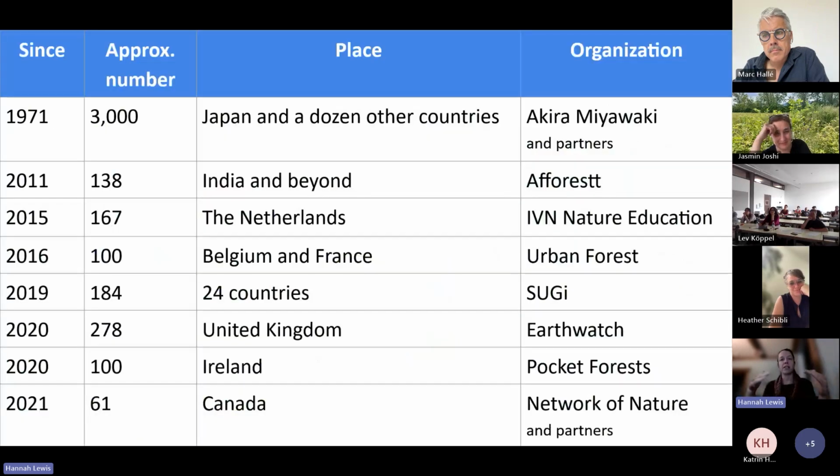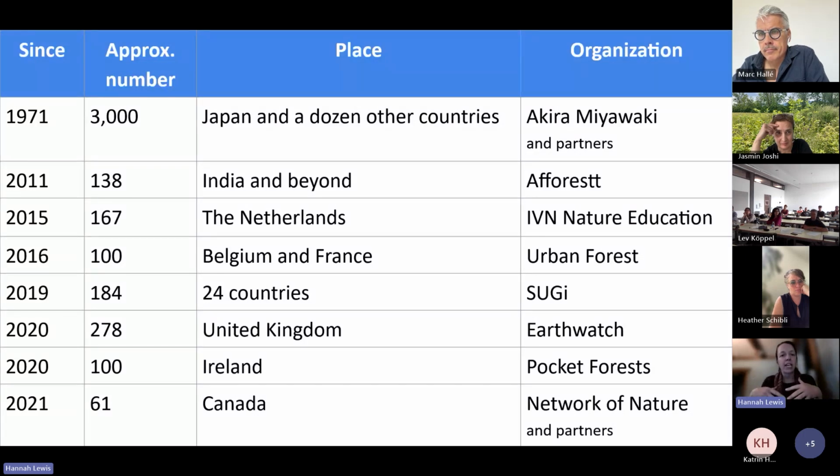And so this table here is kind of a snapshot, and it's showing some of the major projects around the world, starting with Miyawaki and his partners, nearly 3,000 places around the world, starting in 1917, and then getting a hold in India.